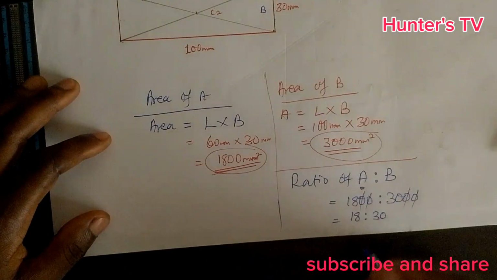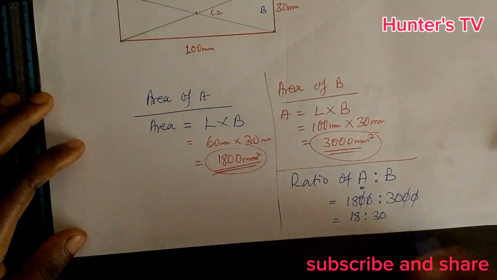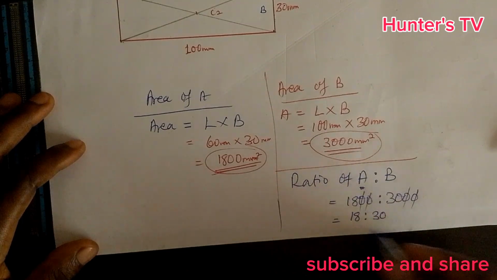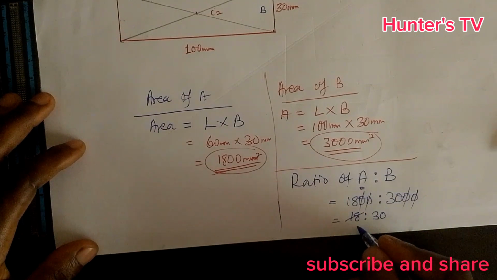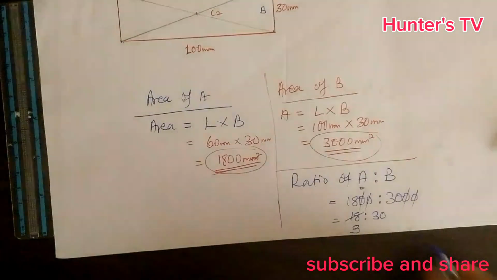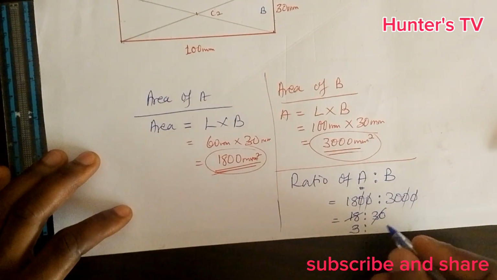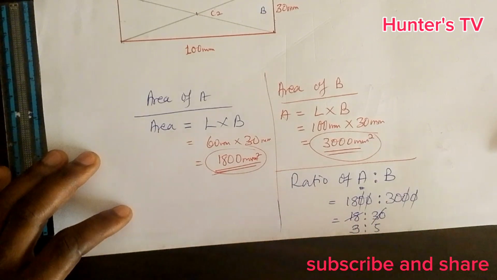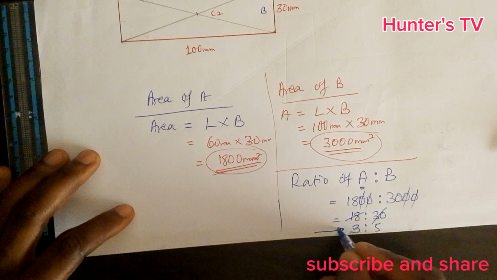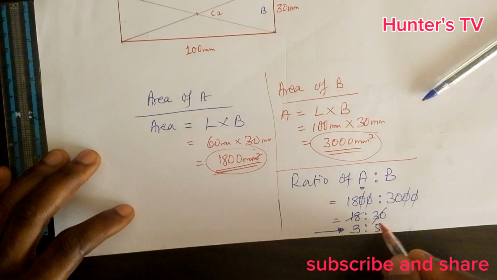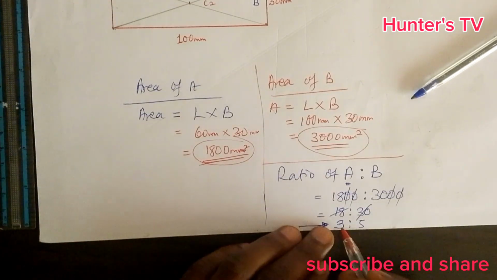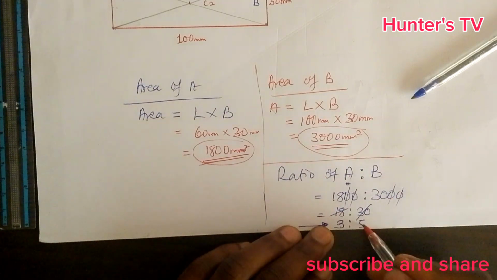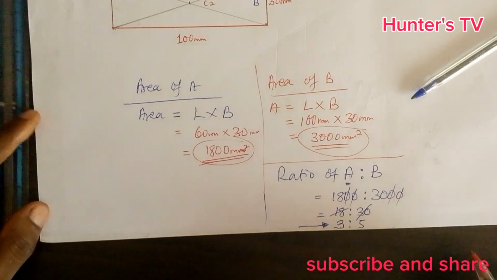Then you ask yourself which number can divide the two numbers without any remainder. 6 can do it. 6 goes into 18 three times, and 6 also goes into 30 five times. So the final ratio, the smallest ratio, is 3 is to 5, where 3 corresponds to A and 5 corresponds to B.